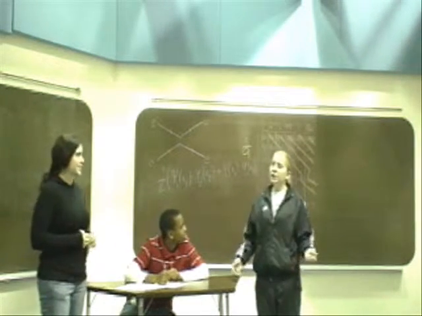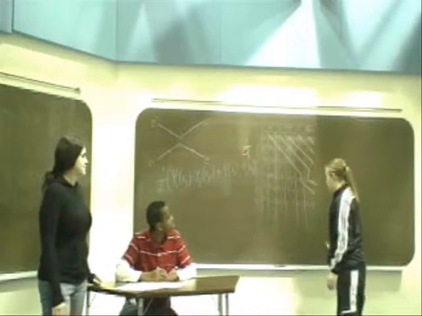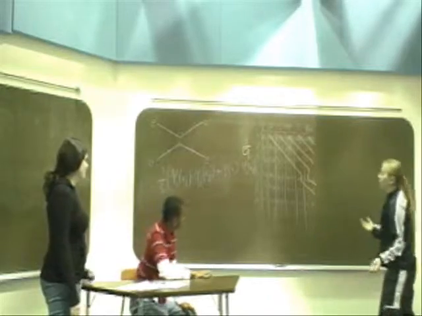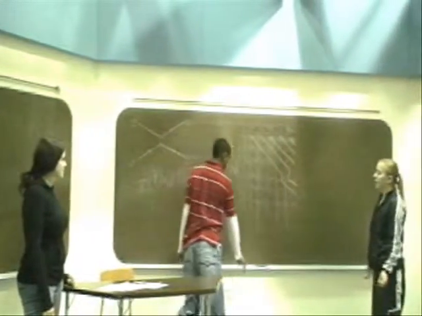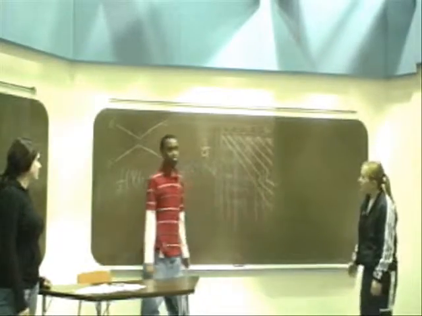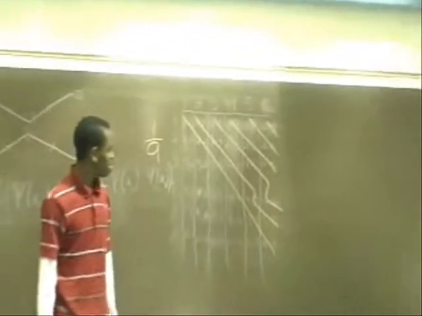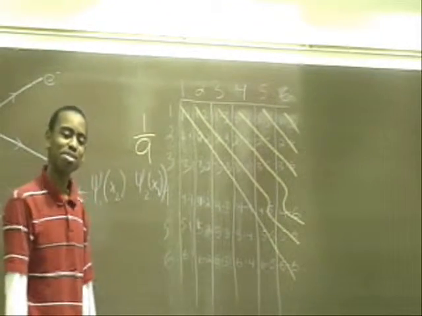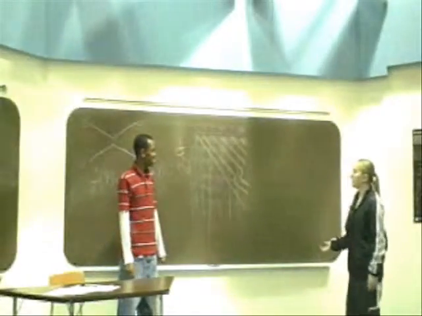Right. So now let's go back to our chart. Which of these would not be a valid roll when we are using identical fermions? Very good. Now why is that? Because they're all doubles. And with identical fermions, you can't have doubles. Right. They can't be in the same state.